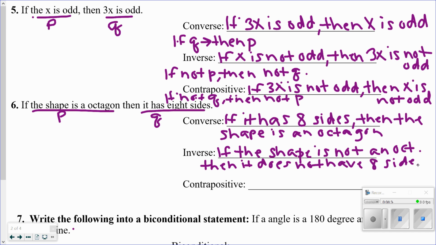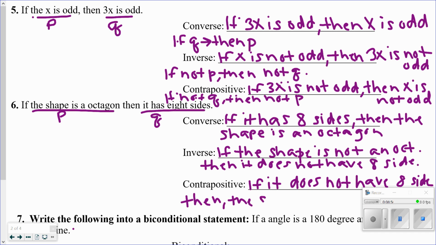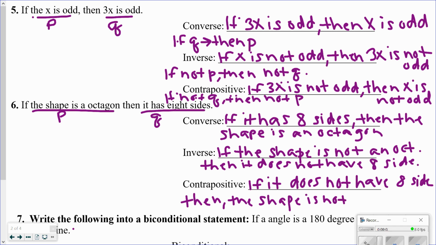So if it does not have 8 sides, then the shape is not an octagon.